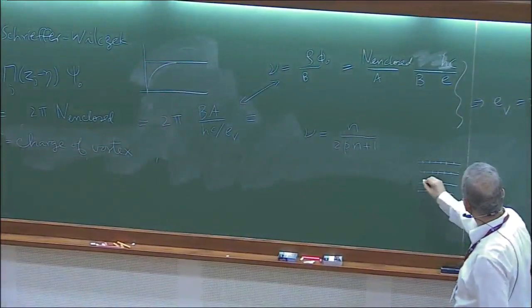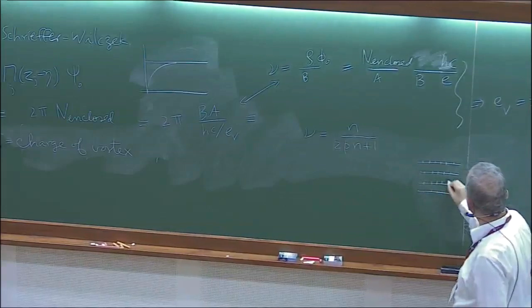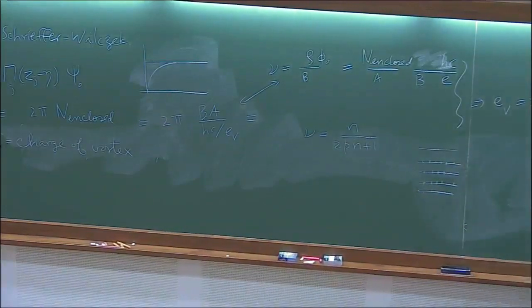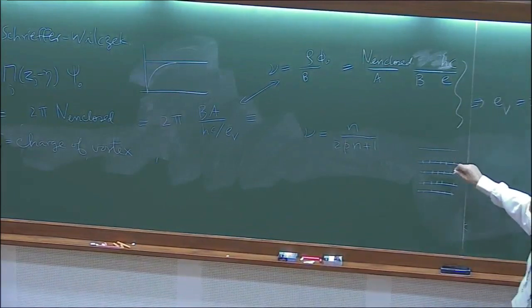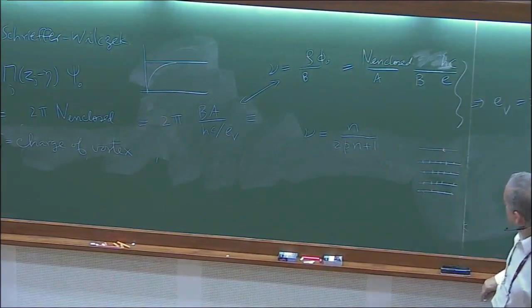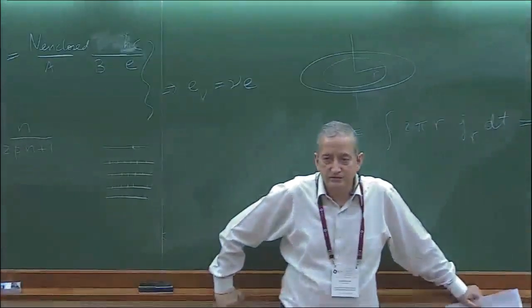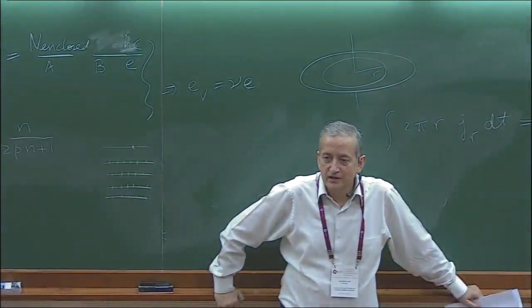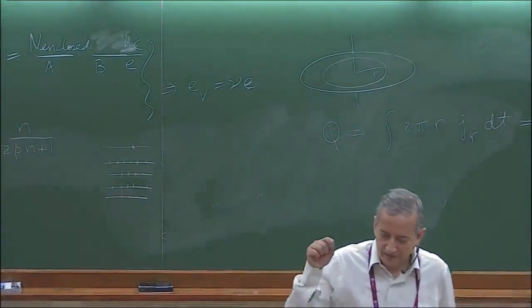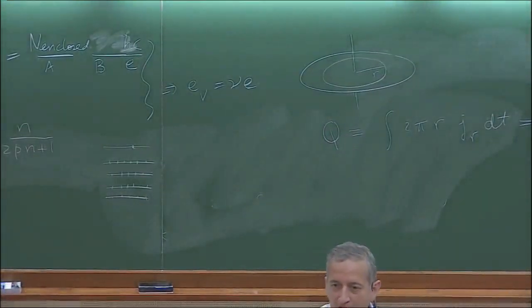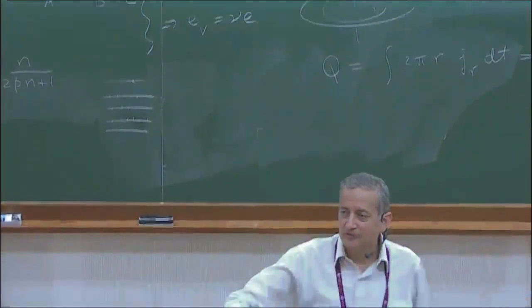Now I'm going to add one extra composite fermion here, and I'm going to ask what's the charge of this object. I add an electron, but this electron will capture 2p vortices to turn into a composite fermion, and we want the charge of that full object.